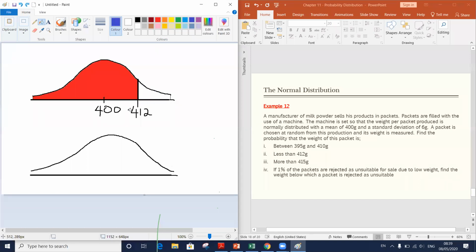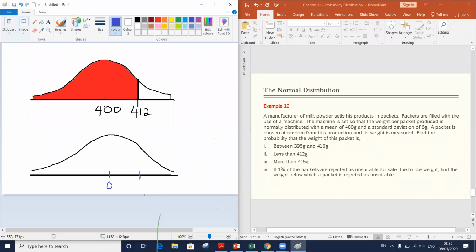Right. So what can we do here? We cannot work with 412 directly. We need to know the relevant z values. At the mean, the z value should always be 0. Corresponding to this 412 grams, we need to find the relevant z value.